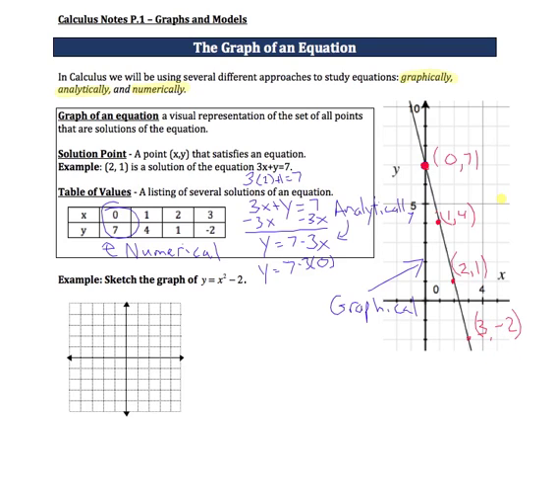And then you can see the line that goes right through there, giving us the graph of that equation.